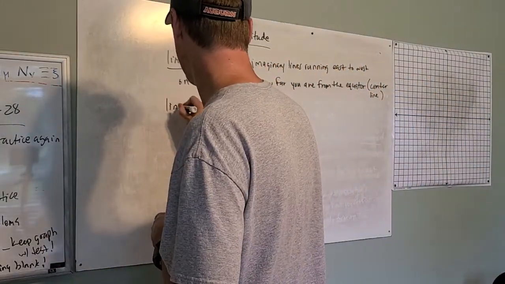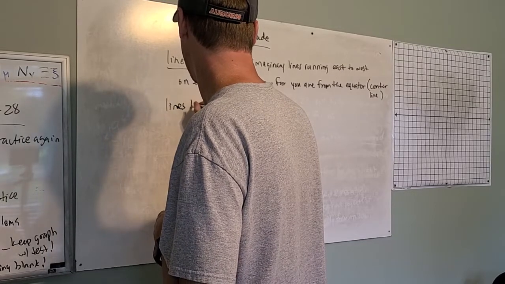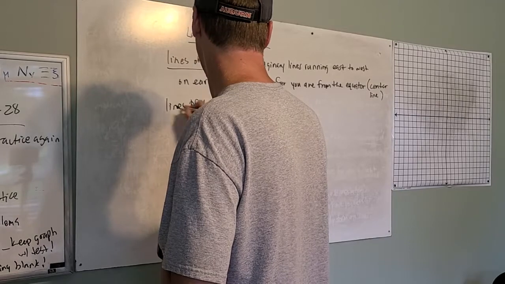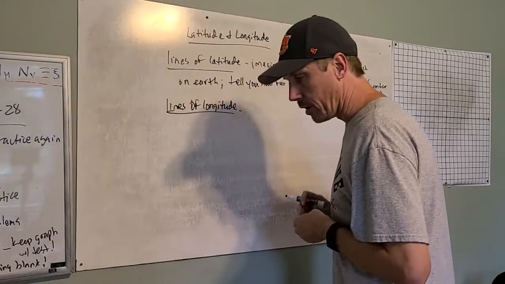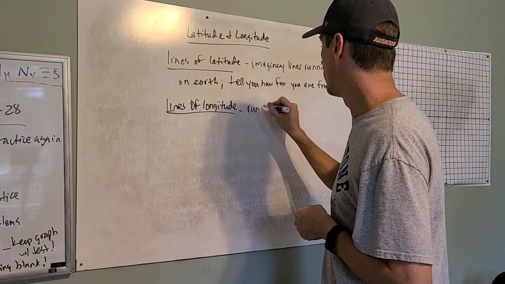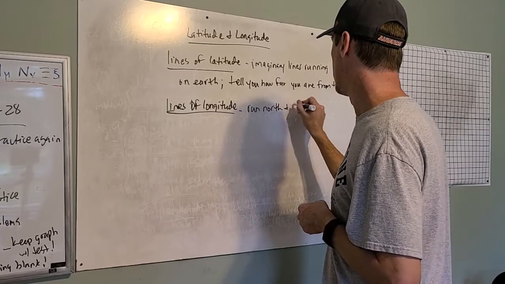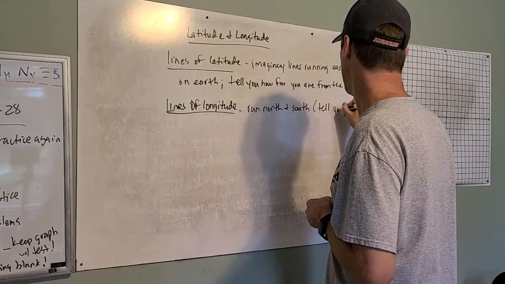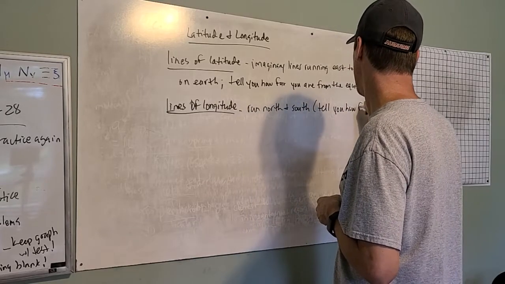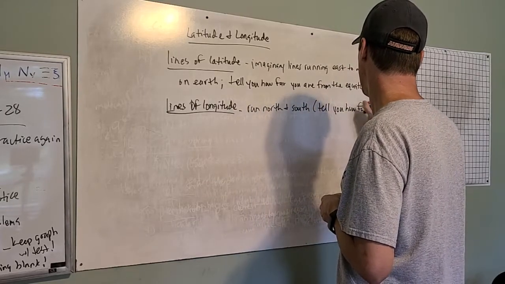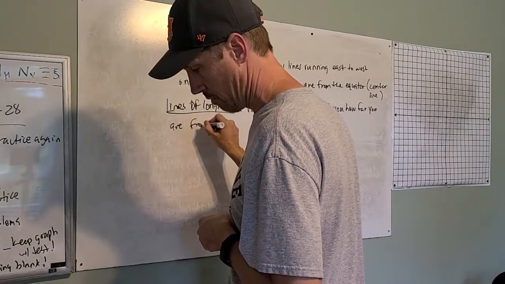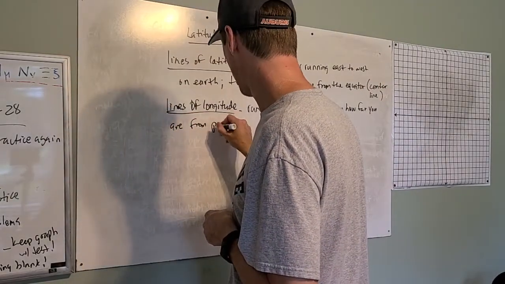And then lines of longitude run north and south. They tell you how far you are from the prime meridian.